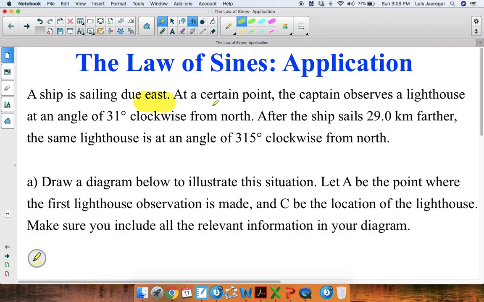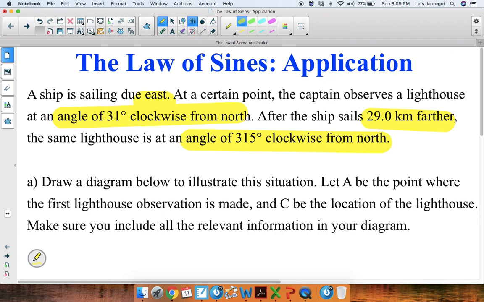Then at a certain point the captain observed a lighthouse at an angle of 31 degrees clockwise from north. And after the ship sails 29 kilometers further, the same lighthouse is at an angle of 315 degrees clockwise from north. So that's the important information here.